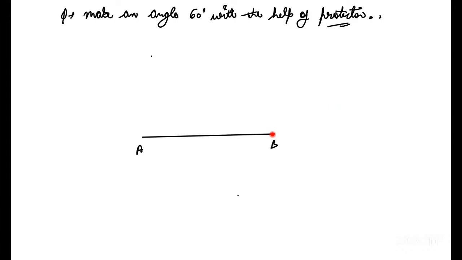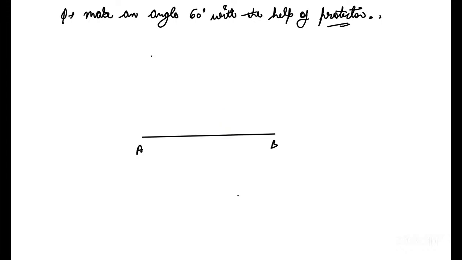When you put your protractor on B carefully, you take the angle from the left side, because your line is at the left side. Wherever your line is, there you have to make it. Understood, guys?